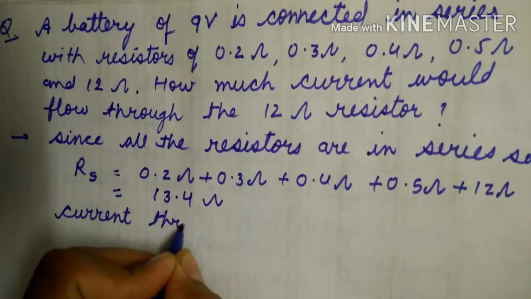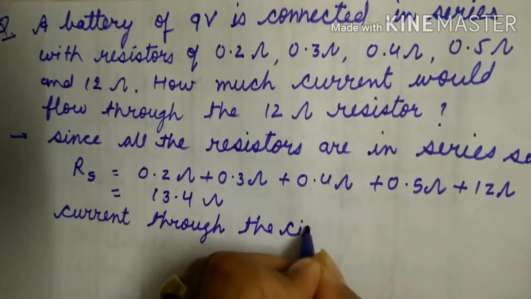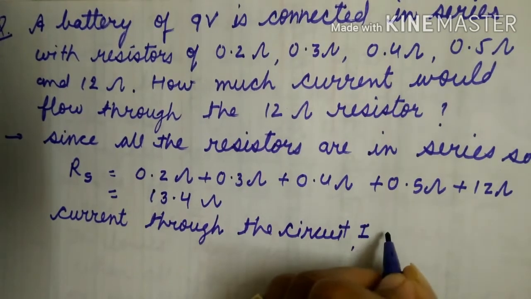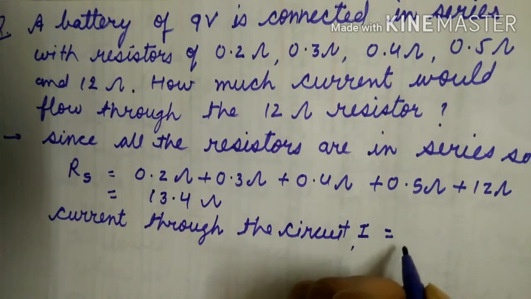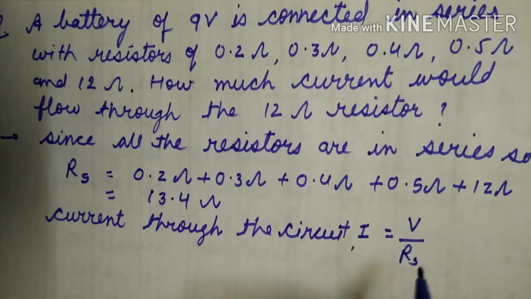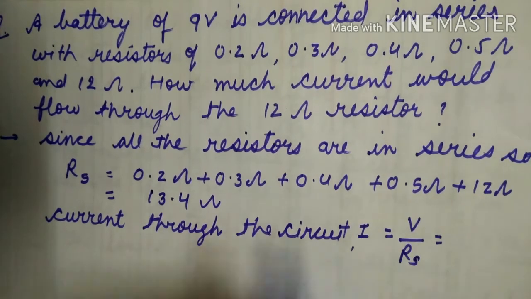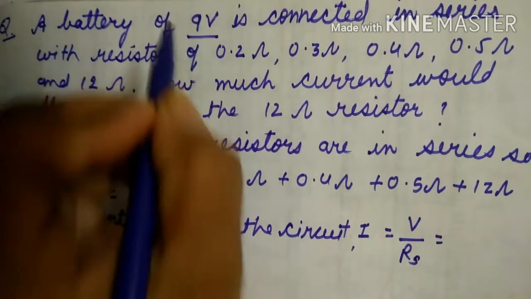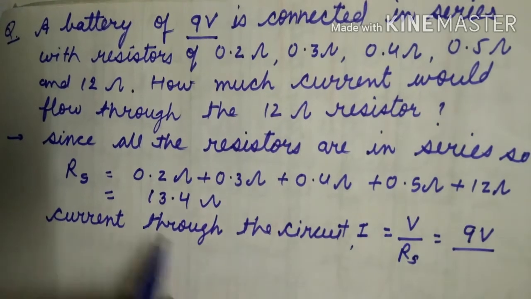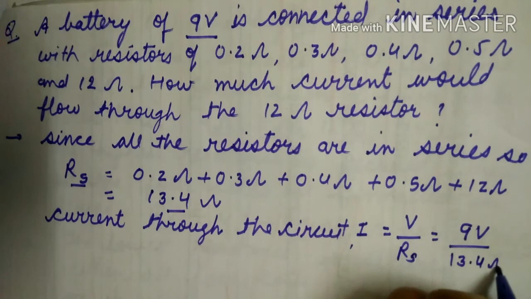Okay, now find the value of current through the circuit. According to Ohm's law, we know I is equal to V upon R, where R is the total resistance in series. V is given, that is 9 volt. Total resistance we have is 13.4 ohm.